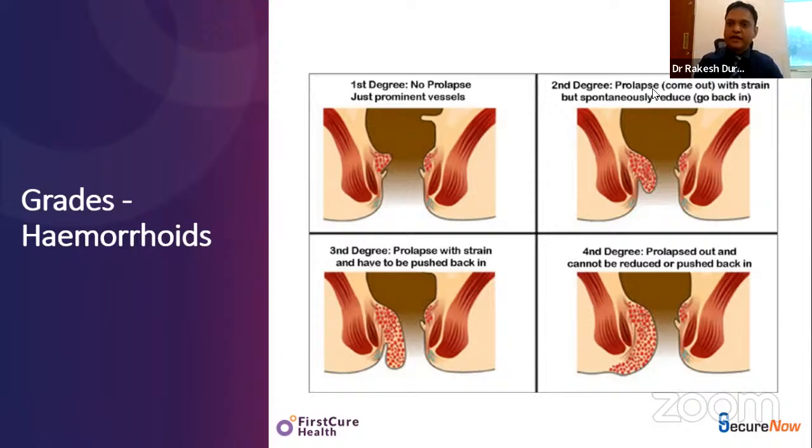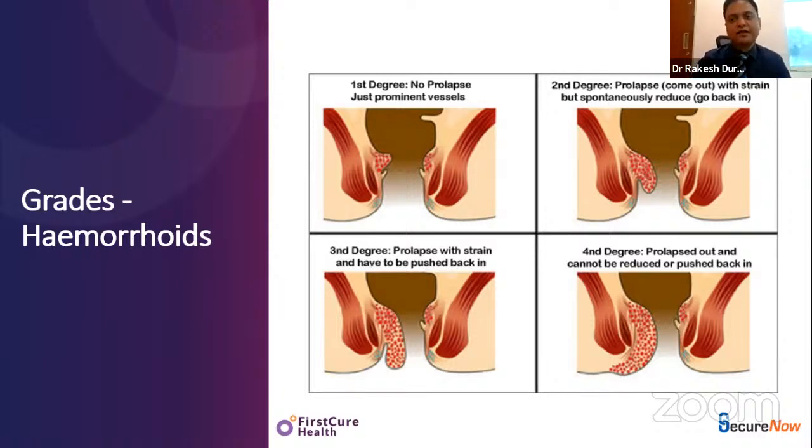Then comes grade 2. In grade 2 hemorrhoids, it comes out sometimes when we strain, but before we could notice it, it goes back inside, and may present with a little bit of bleeding as well.